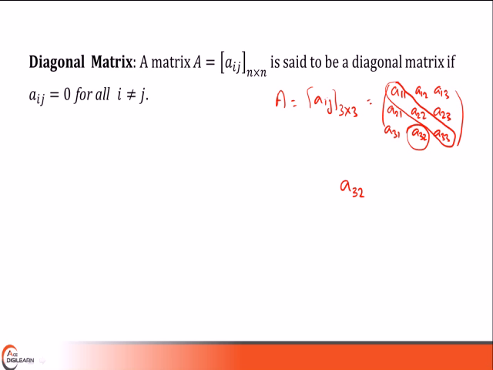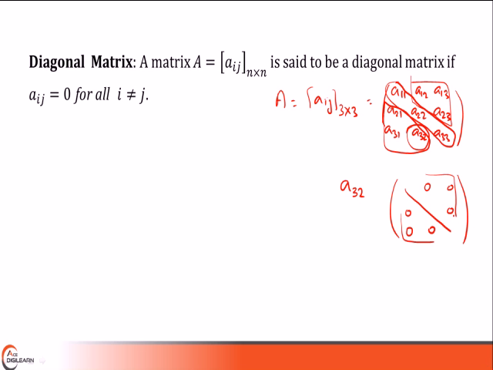The remaining elements, all these three having i not equal to j, and not only those three, these three also satisfy that property i not equal to j. So based on the definition, the elements where i is not equal to j must be zeros. Other than the principal diagonal, all the other elements should be zeros. That way you can remember.